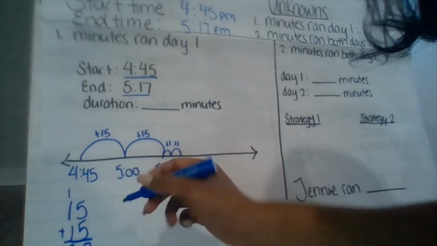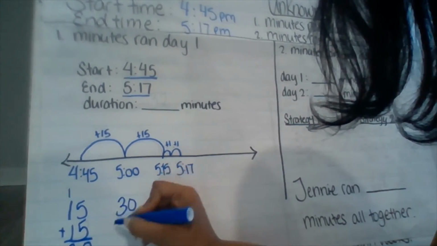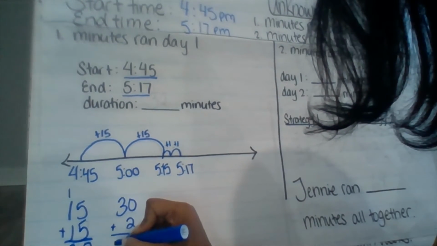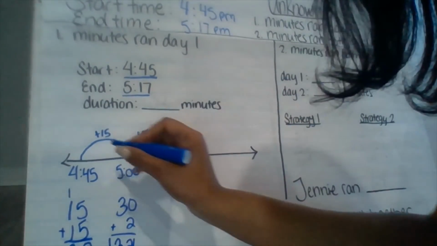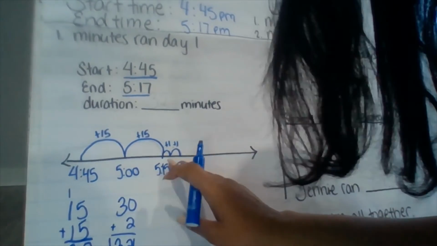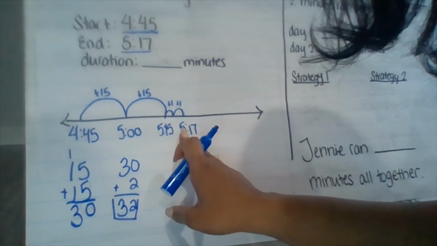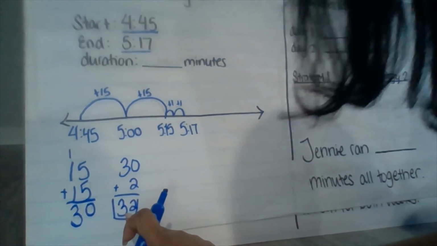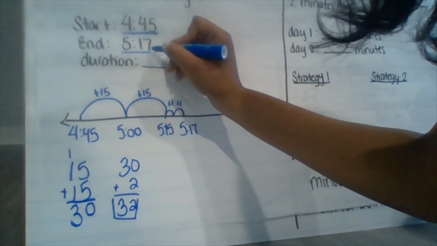And then I also need to add my 2 minutes. So 30 plus 2 equals 32. So I have a visual representation of how long the time was from 4:45 to 5:17. And I found out that my duration was 32 minutes for the minutes that she ran on day 1.